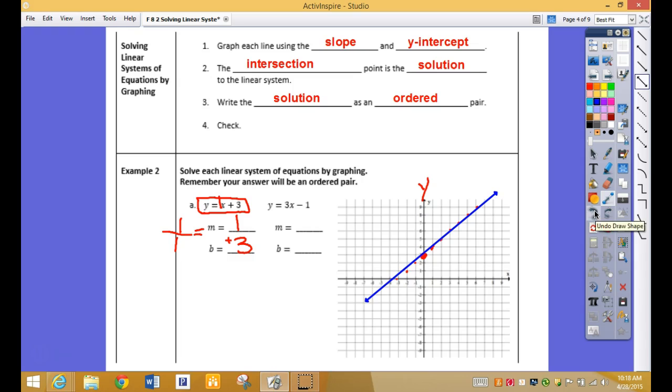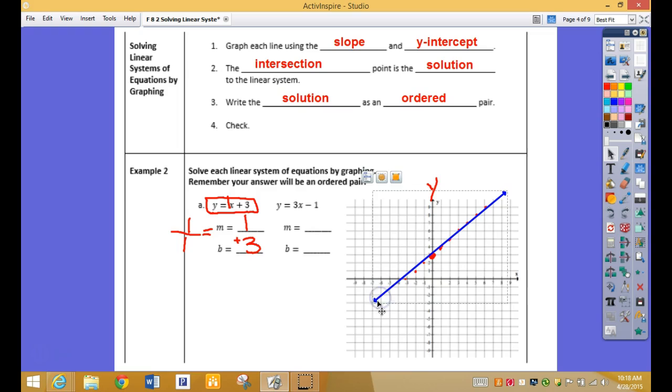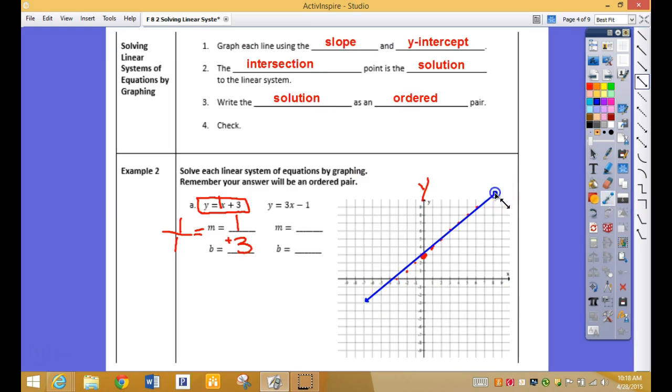I'm trying to grab mine. Let me move it. Oh well. I have to go right there. You can see where it's at. Let's do the next one.